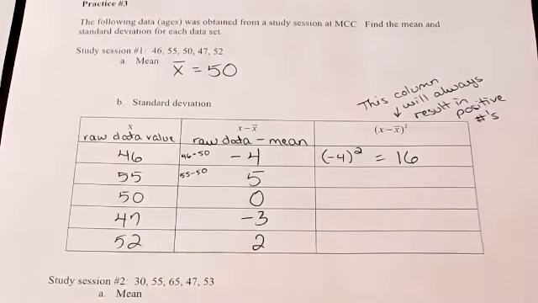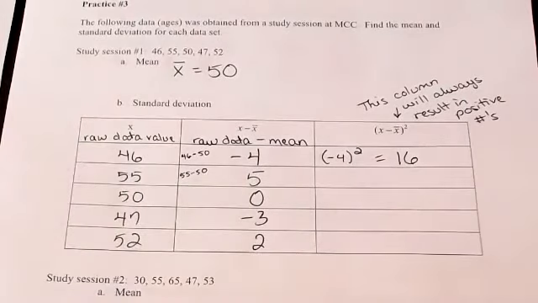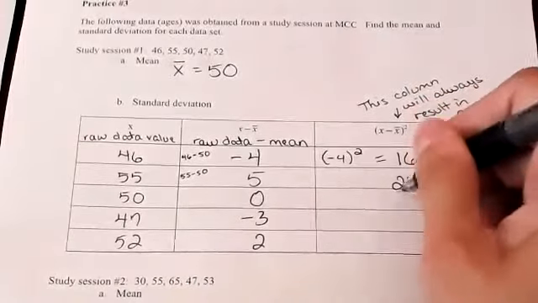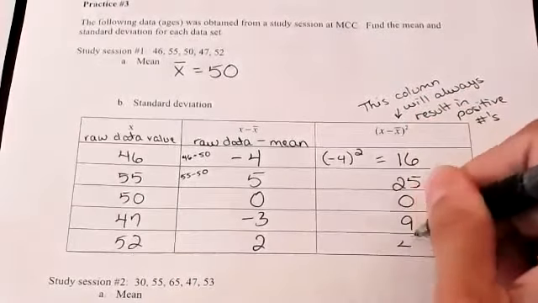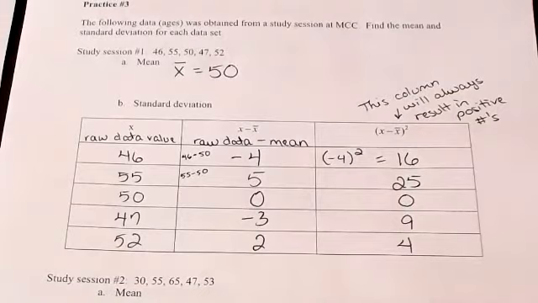Just take a moment, fill that in. Good. When we fill in this column, you should have 16, 25, 0, 9, and then 4.